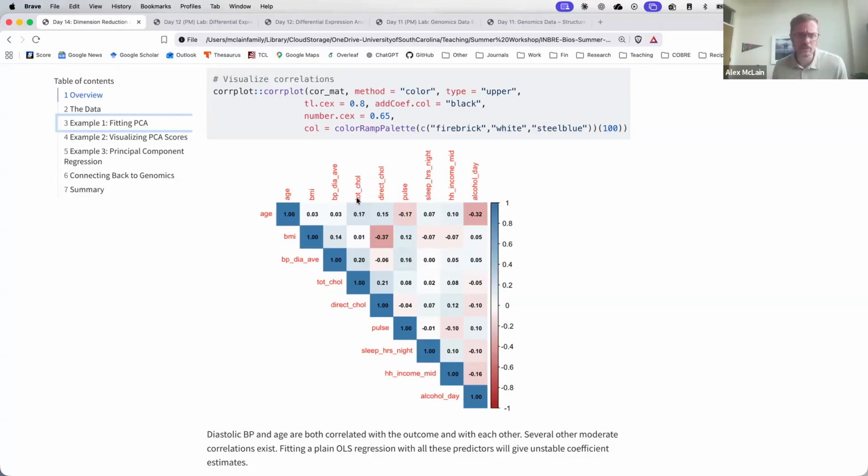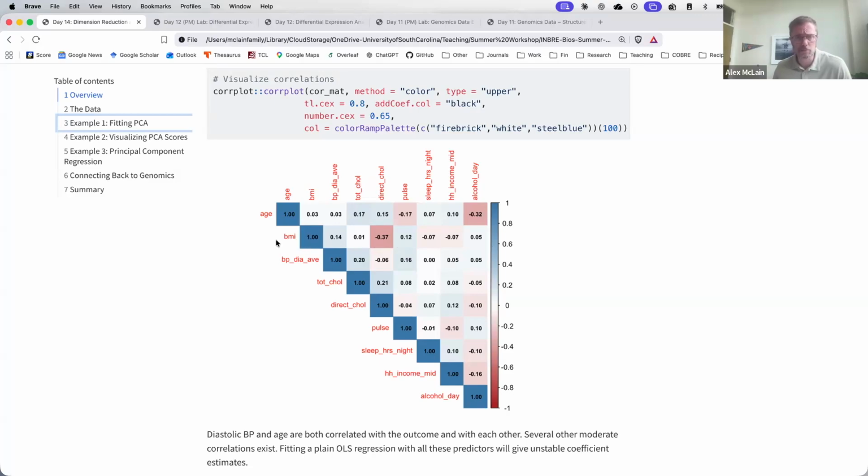Now, we can have all small correlations and still have collinearity be a problem, because collinearity is there whenever we have a variable that can be explained by a combination of other variables. So it doesn't have to be just one variable explained by one other variable.